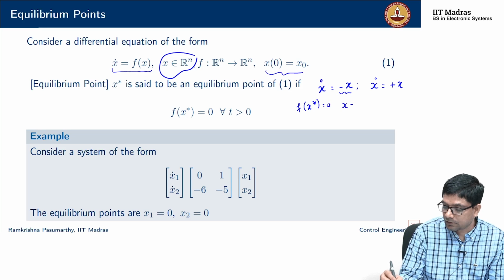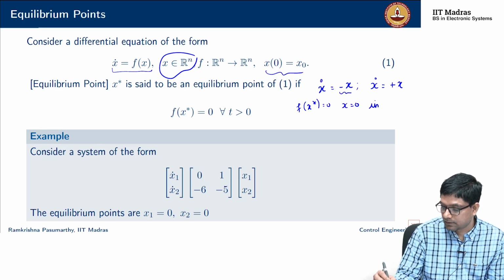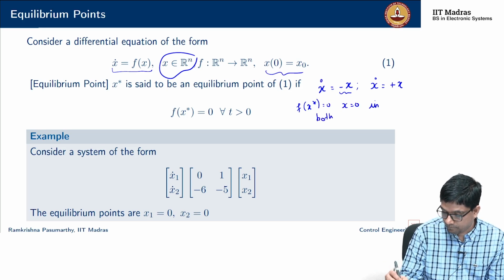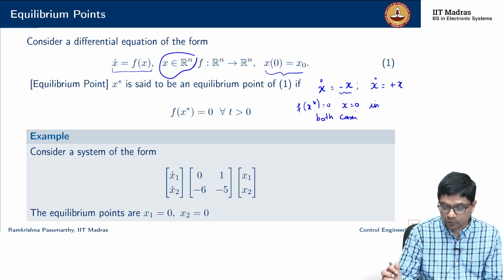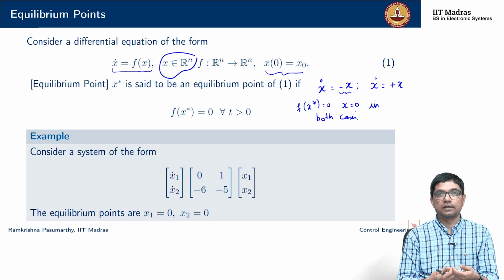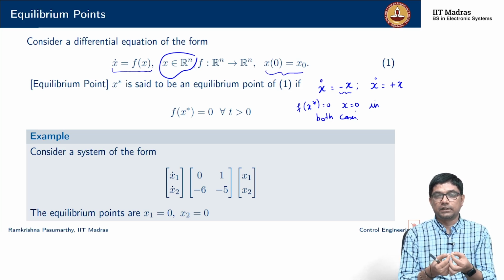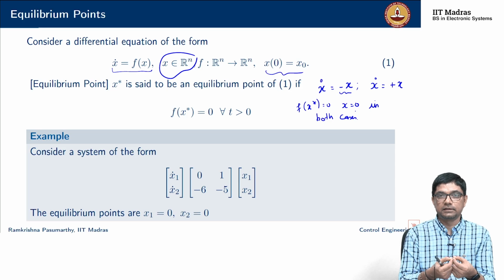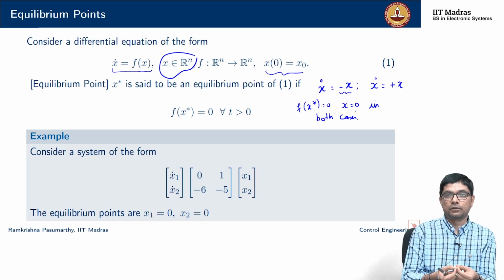This will be at x equal to 0 in both cases. Which means that the system does not have any transients. It's in the steady state, the position doesn't move, the velocities might be 0 and so on.